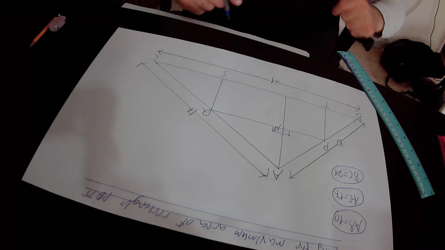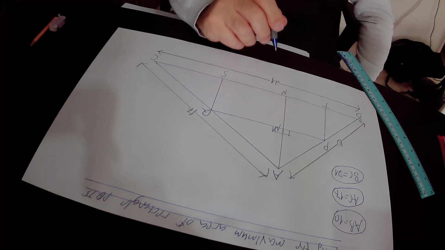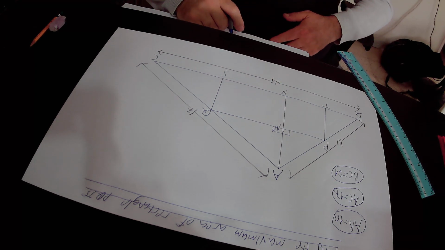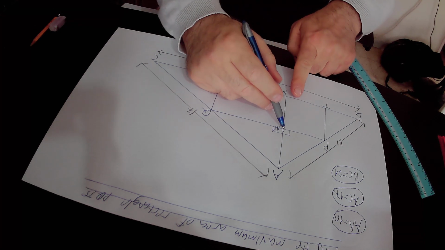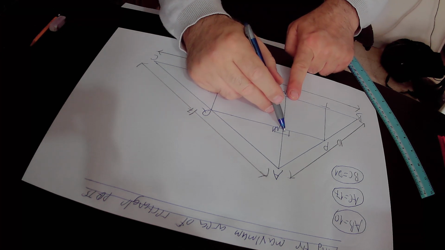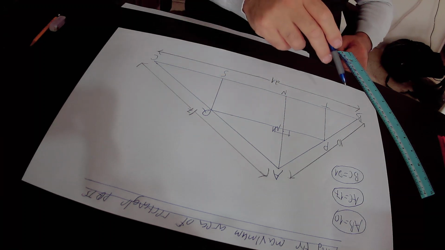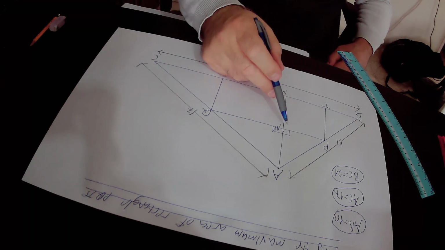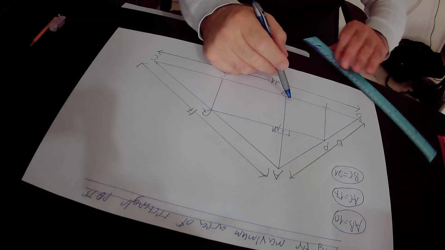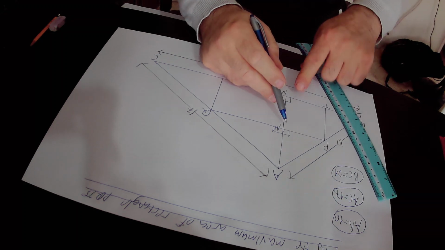This point is point N. By doing this construction, we created two corresponding angles, located between the parallel lines PQ and BC, and therefore they are equal to each other. But this angle equals 90 degrees, therefore this angle must also equal 90 degrees.